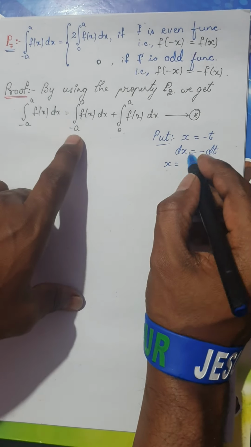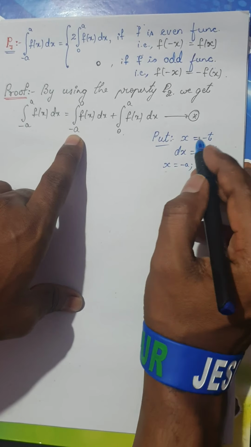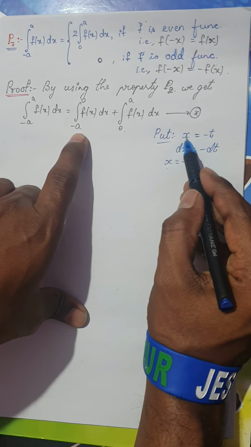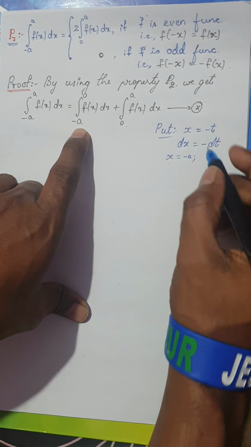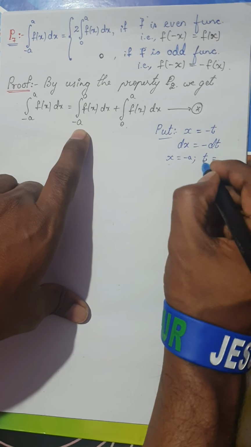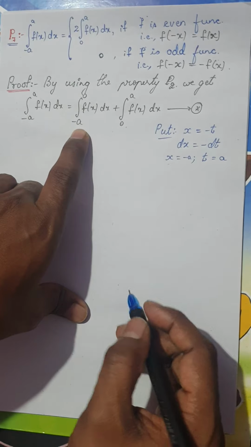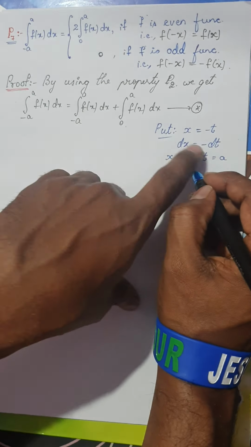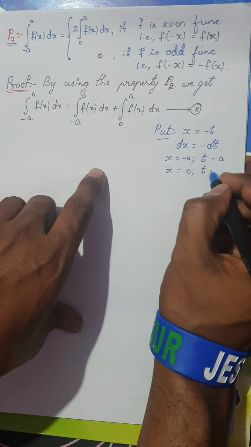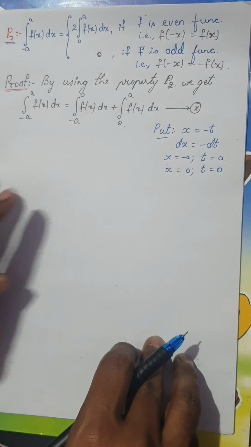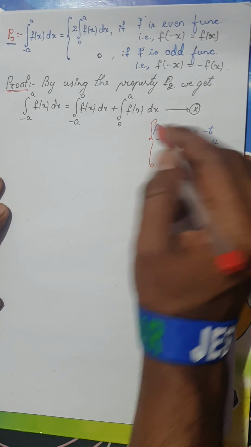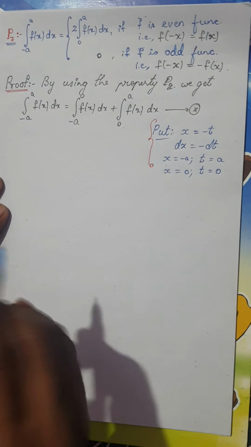When x is equal to minus a, which is the lower limit of the first integral, minus and minus cancel, so t will be a. The upper limit is 0. When x is equal to 0, t will also be 0. So this is the substitution part. Don't mess up the substitution part with the integral.